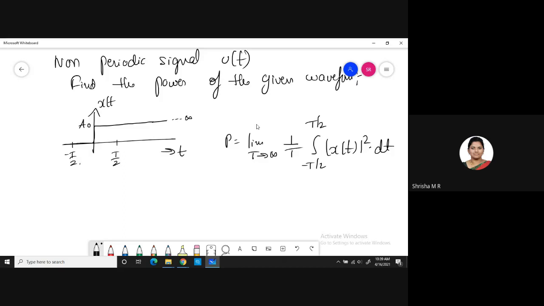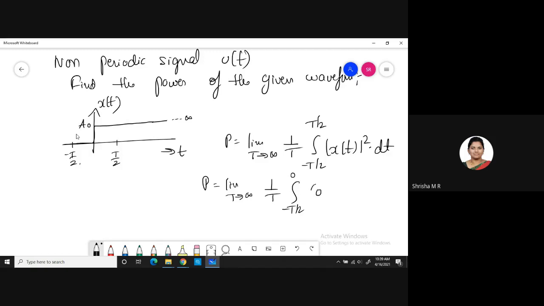This is a unit step signal, as you know. So now we have to find the power of the given waveform. P is equal to limit T tends to infinity, 1 by T and the waveform x of t. As you can see, from minus T by 2 to 0, the amplitude is 0.